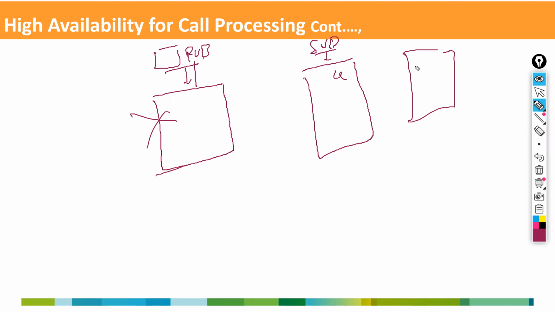It's not mandatory to install all eight here. It's very good redundancy. Publisher on separate hardware, subscriber on separate hardware. We have redundancy with respect to software and also hardware. Not only the software, because CUCM is software, we also have to go for hardware redundancy.